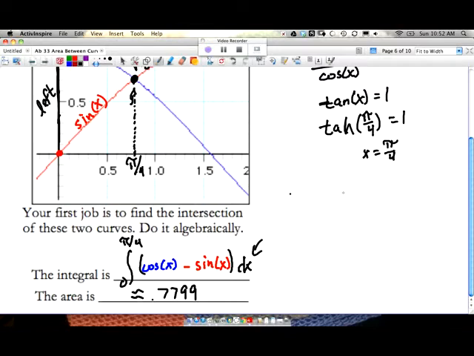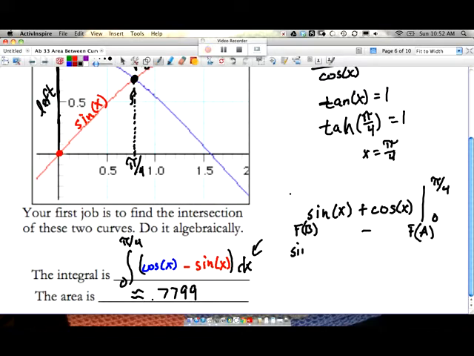We know the antiderivative of cosine is sine, and the antiderivative of negative sine is positive cosine. So that's pretty easy to do. We're evaluating that from 0 to pi over 4. So if we were to do f of b, the top minus the bottom, again, same kind of theme.